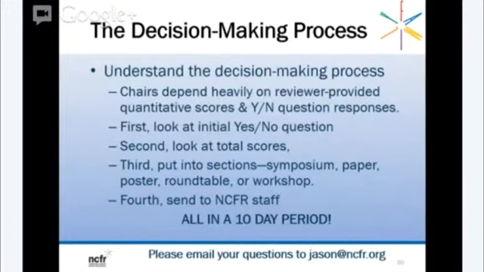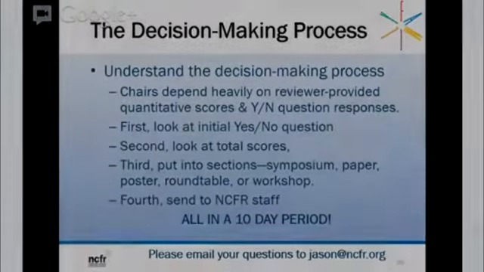If they requested poster, then I will try to put a bunch of posters together that might be on the same topic, for example, again, divorce and impact on children. If most of the authors requested poster, then I may put all those together so that as an attendee, you'll be able to go and look at all of these papers together at a poster session and talk to all of the authors there in the poster session.